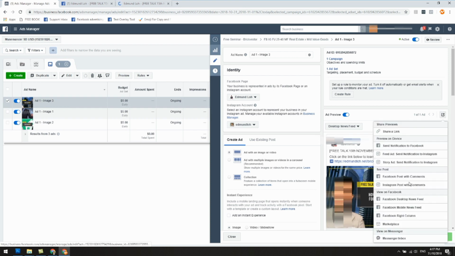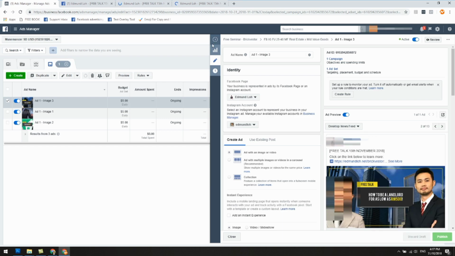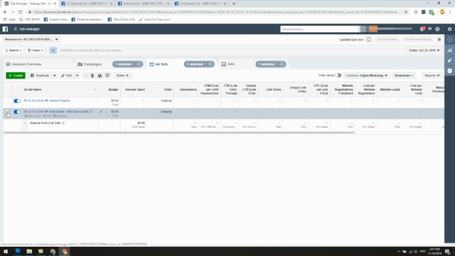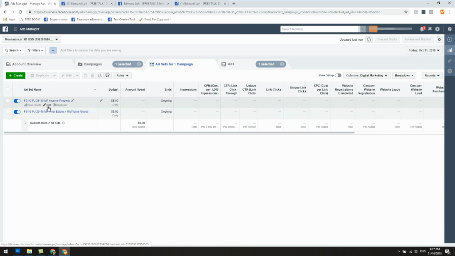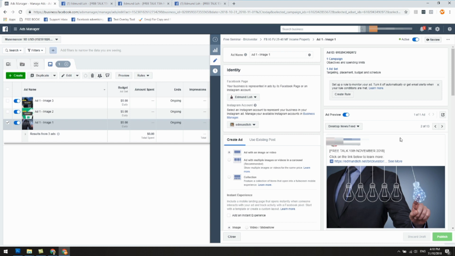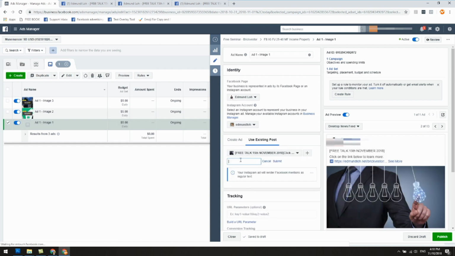Here's what's going to happen. We're going to go back to this ad set. We're going to go to the second ad set that we had just duplicated. Let's take this and go back to this one. Now we're going to go through this one by one. Let's go off with ad one, image one. What we're going to do here is click on use existing post, enter post ID.